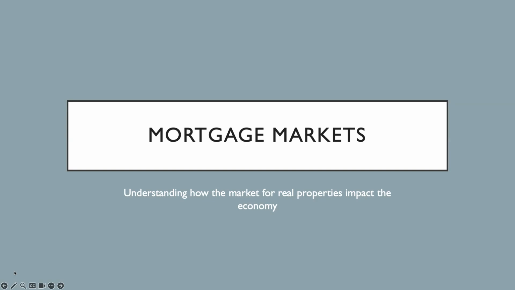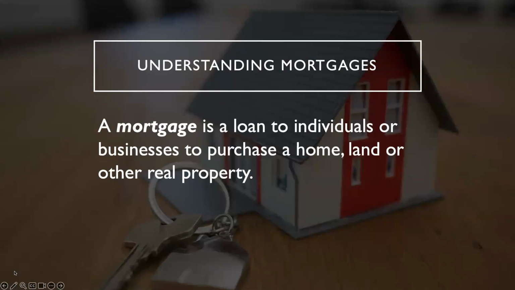So, first off, let's understand the concept of a mortgage. A mortgage is a loan to individuals or businesses to purchase a home, a land, or a real property. Which means any property that we can hang on to, like a car, could be put up for a mortgage.